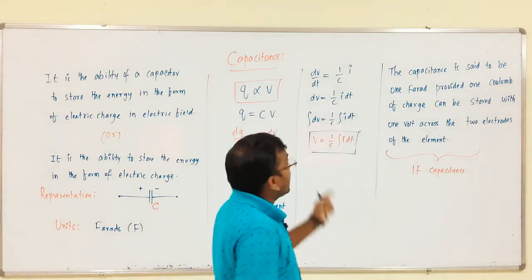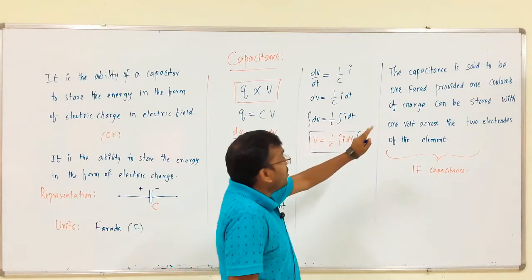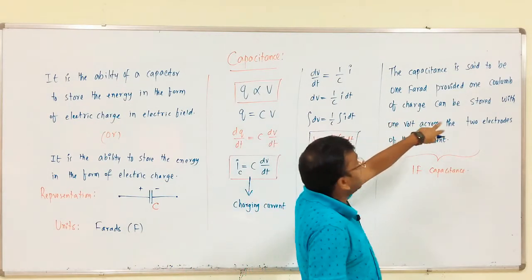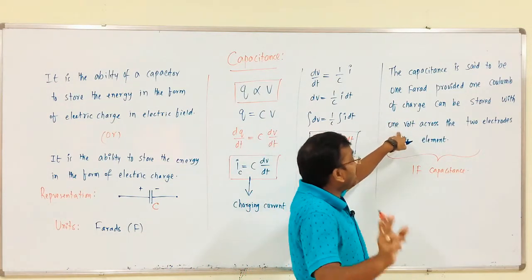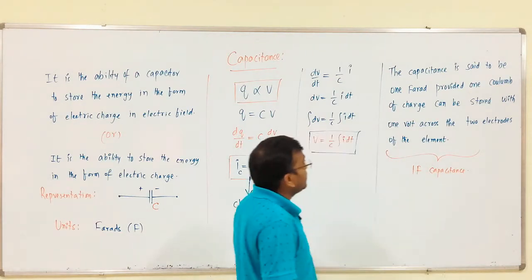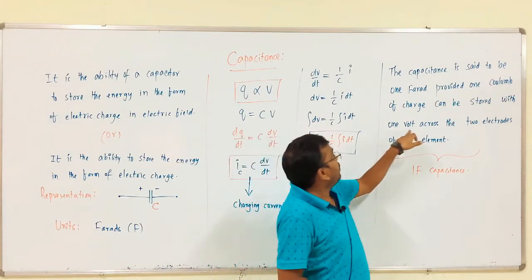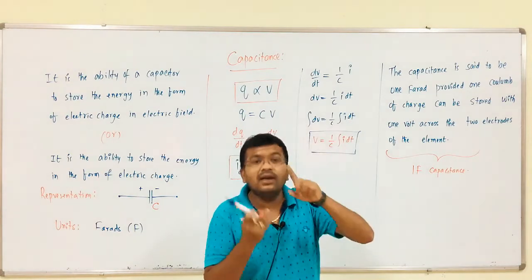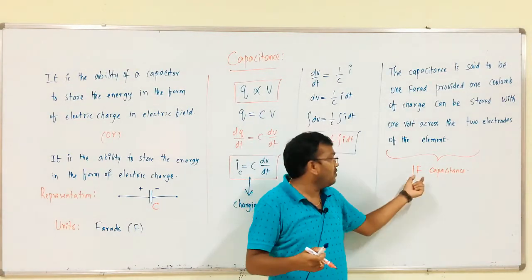What is that? The capacitance is said to be 1 farad provided 1 coulomb of charge can be stored with 1 volt across the 2 electrodes of the element.